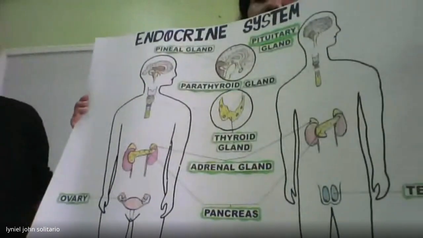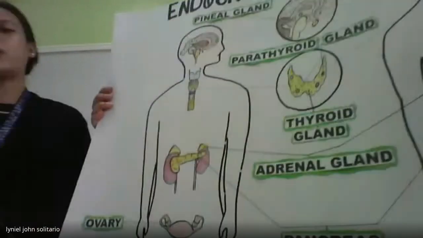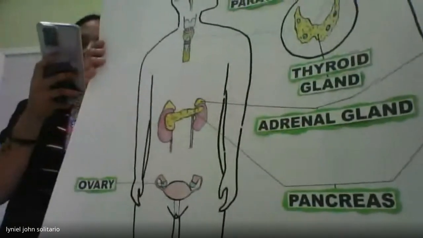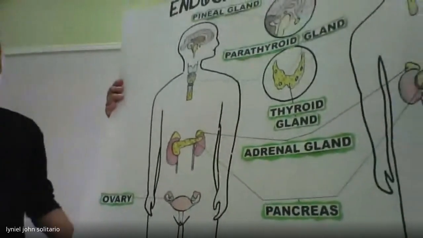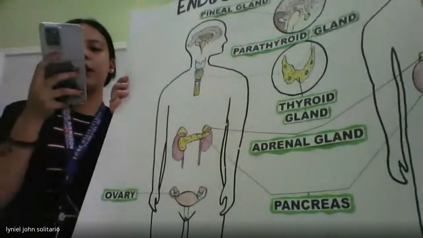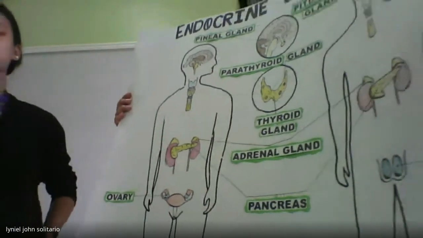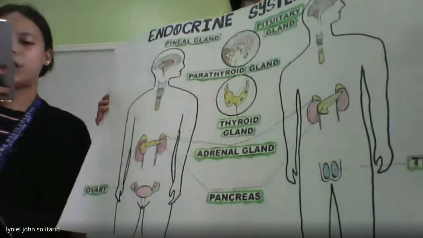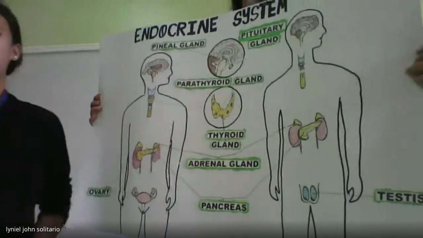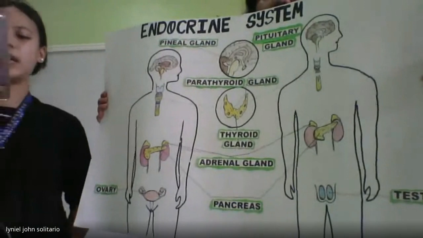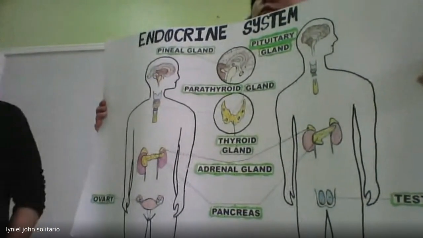The pancreas is located across the back of the abdomen behind the stomach. The pancreas has both endocrine and exocrine functions. As an endocrine gland, it produces insulin and glucagon, which regulate blood sugar levels. As an exocrine gland, it releases digestive enzymes in the digestive tract.